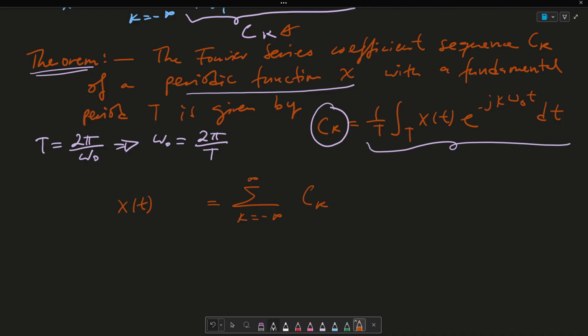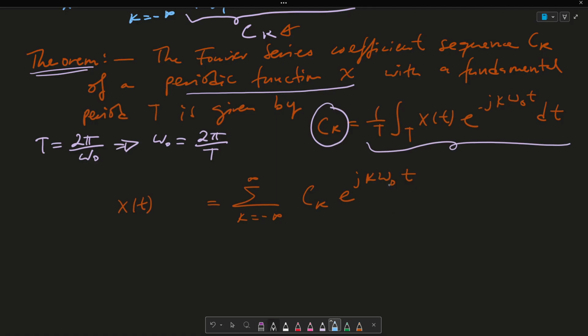I'm going to multiply by this ck, the coefficient sequence, and then multiply by this complex exponential e to the j k omega naught t, where omega naught is that fundamental frequency and k gives all of its harmonics. So let me just recap again. This here is given to me. It's that square wave. I hope that makes sense. k is just whole numbers, 1, 2, 3, 4, all the way to infinity.